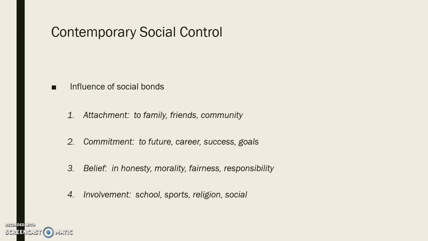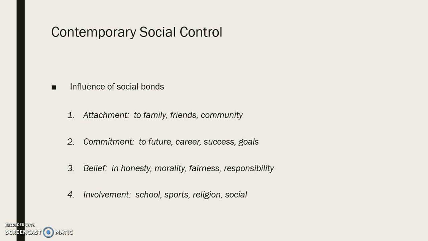Contemporary social control theory, as noted by Travis Hirschi and Michael Gottfredson, focuses on the influence of social bonds. So think about this in terms of its relationship to conformity, if you will.